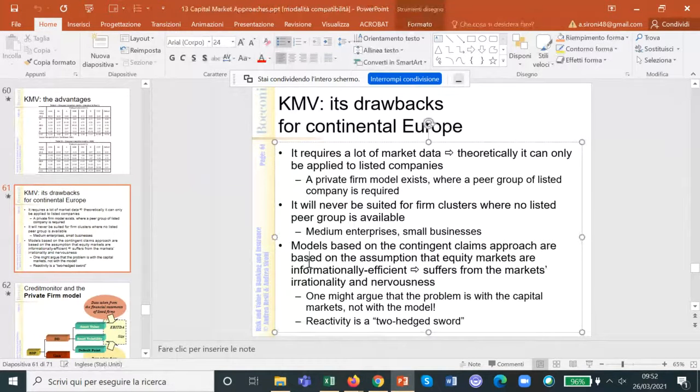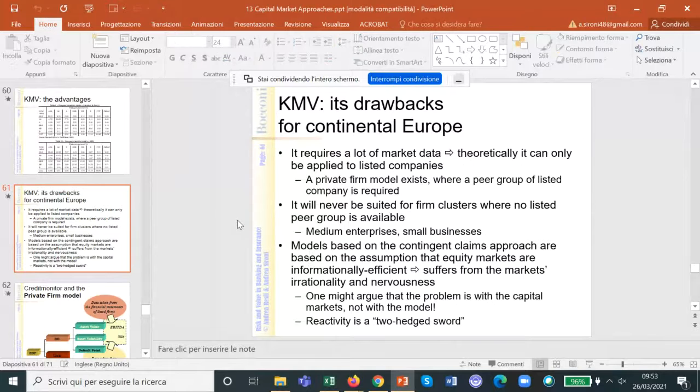Okay, to recap, KMV, of course, has a number of advantages, but it also has disadvantages because it requires a lot of market data. It can only be applied to listed companies.